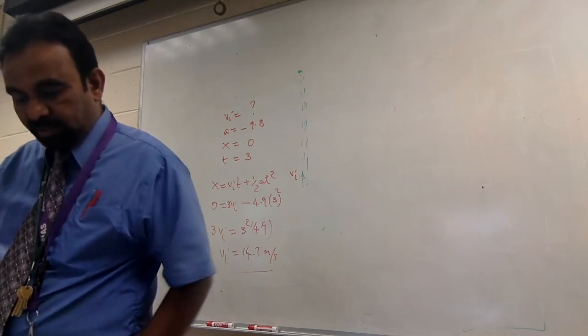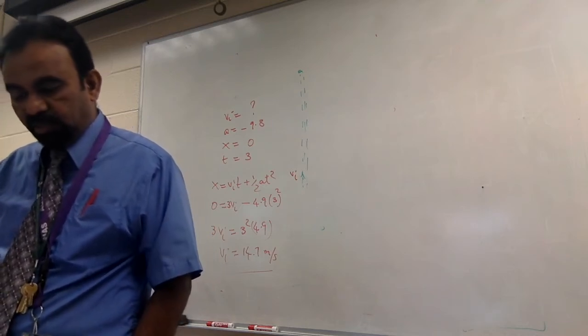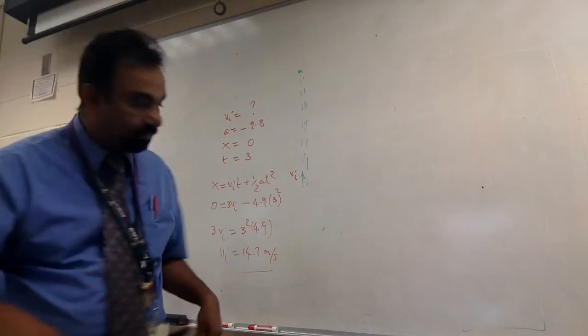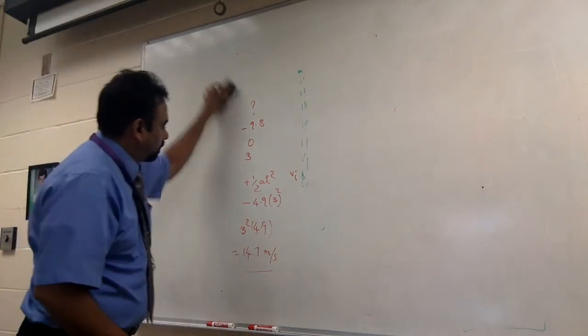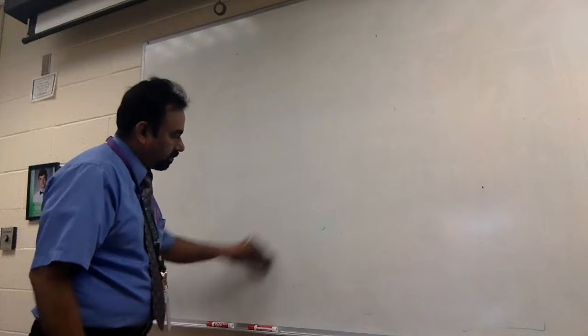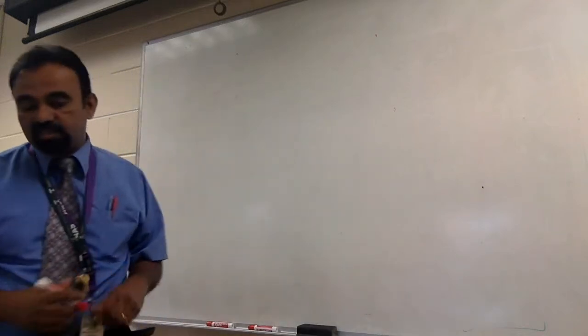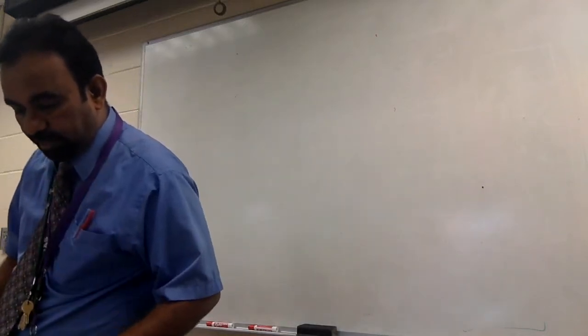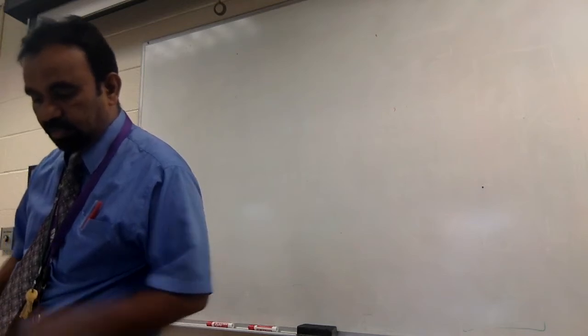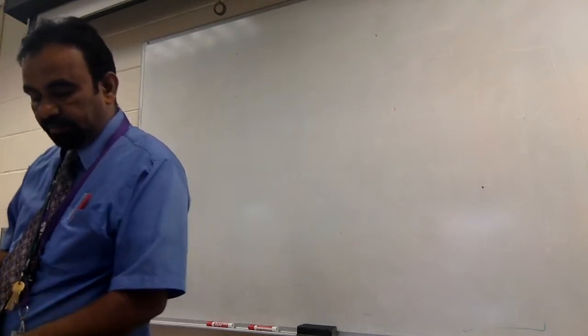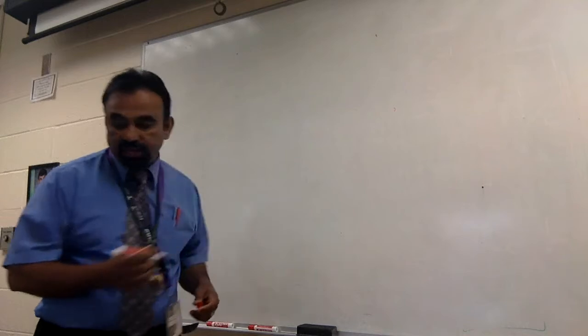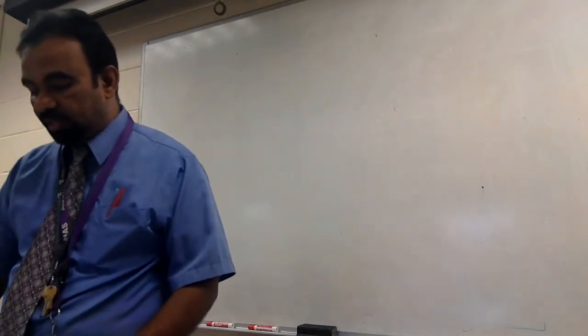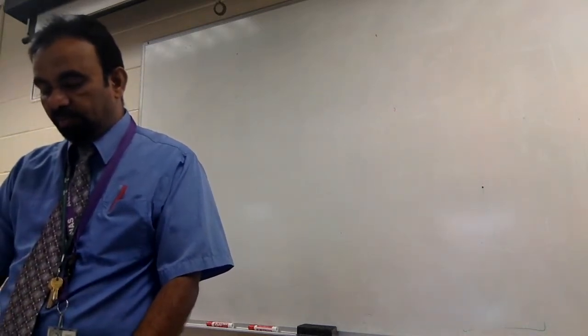Alright, a helicopter is ascending vertically with a speed of 5.2 meters per second. At a height of 125 meters above the earth, a package is dropped from a window.